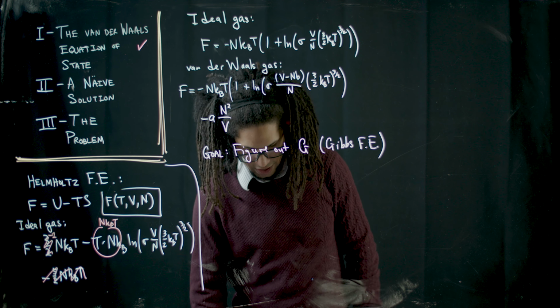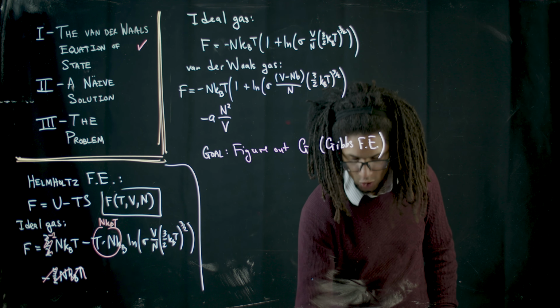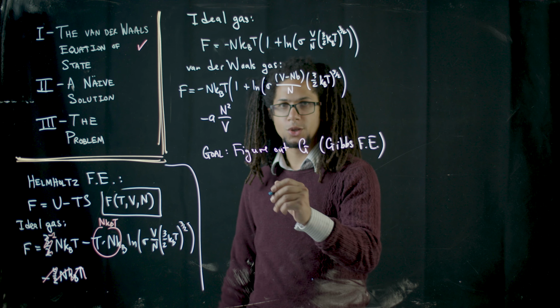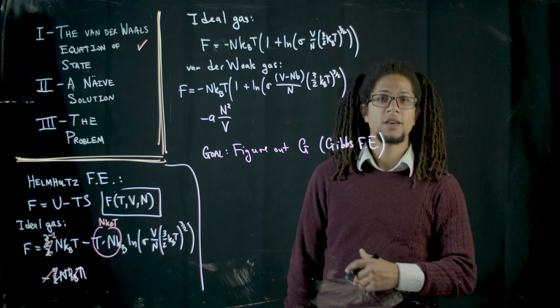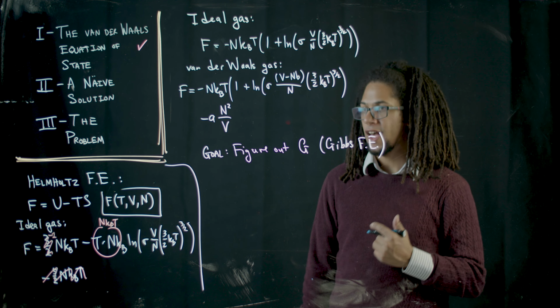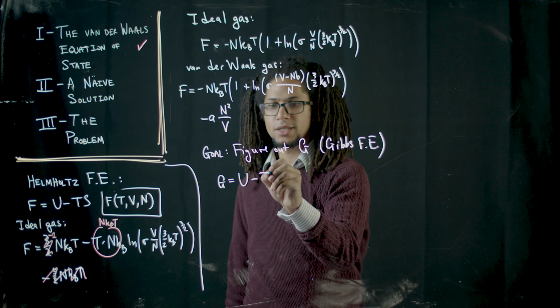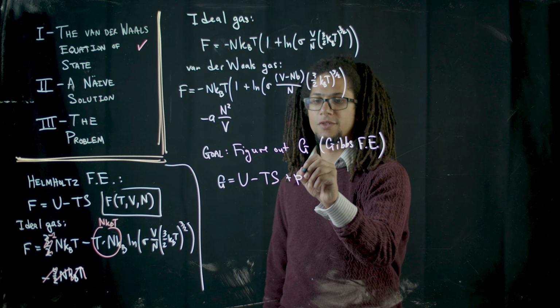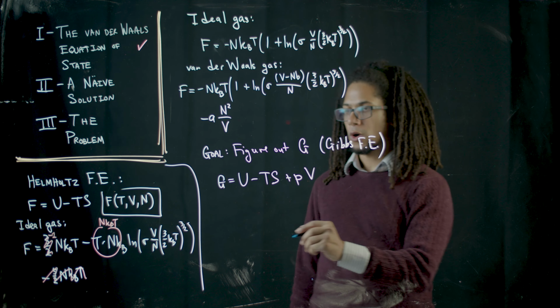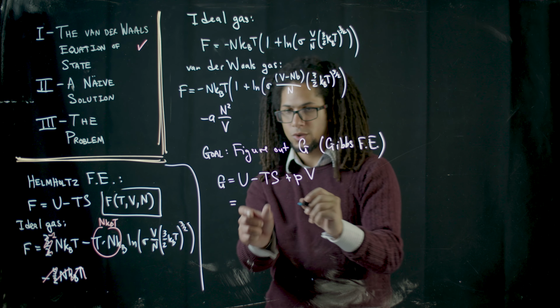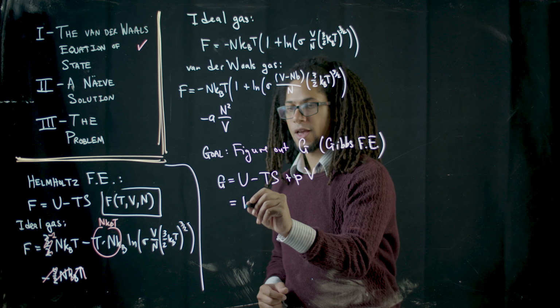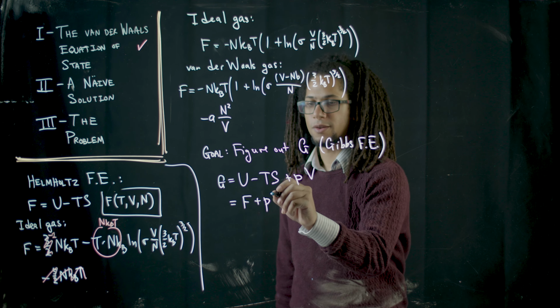Let's first try a naive approach. So remember that G is, in fact, a Legendre transform of F. So G is equal to U minus TS plus PV, or is equal to, since all of this is F, F plus PV.